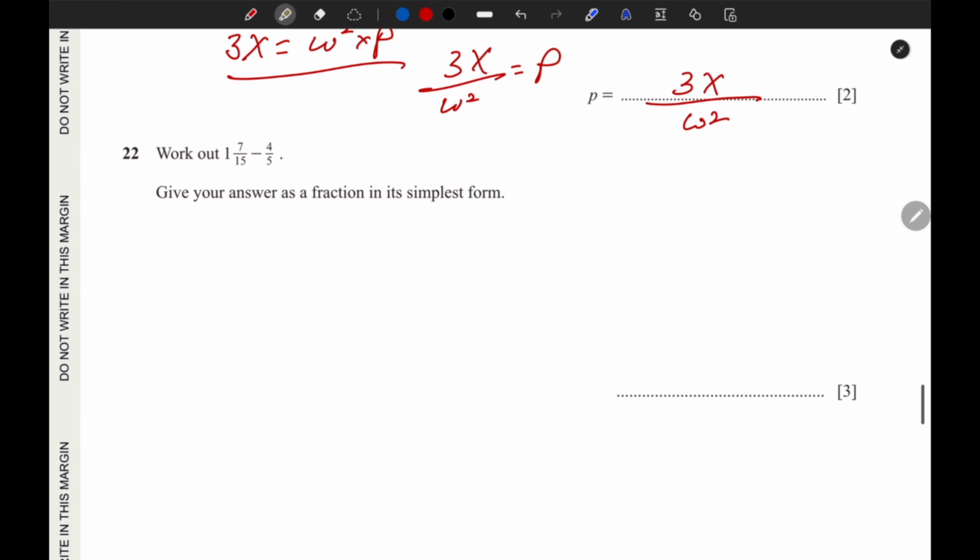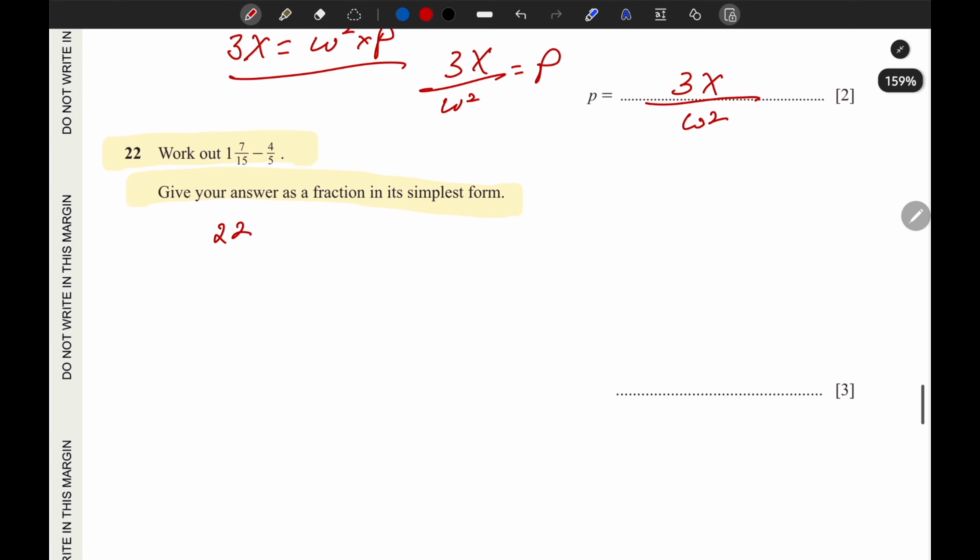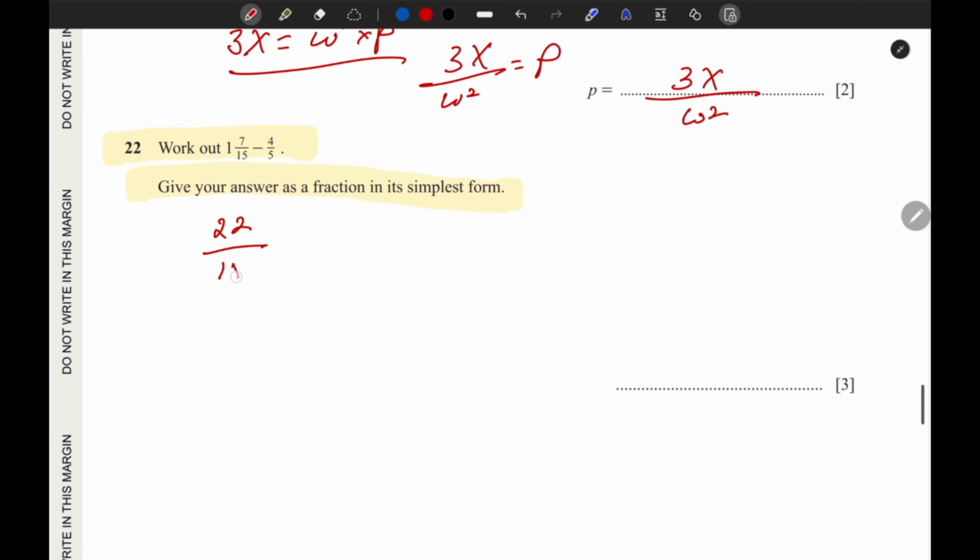Question 22 is work out this. Give your answer as a fraction in its simplest form. So see, 1 7 by 15: 15 times 1 is 15, and 15 plus 7 is 22 by 15, minus 4 by 5. Now see what the LCM is.